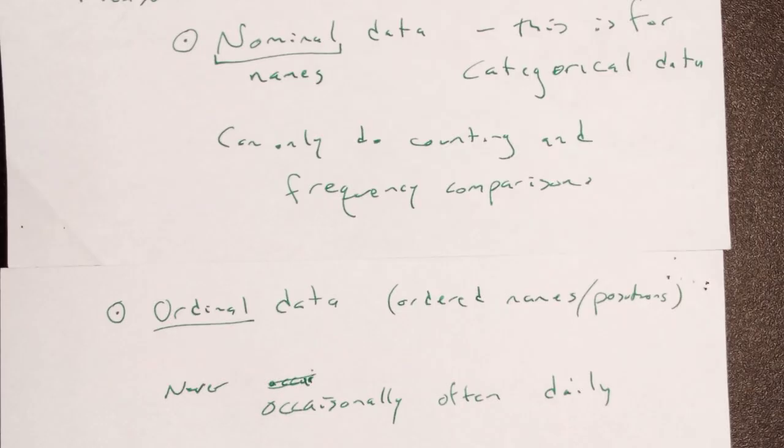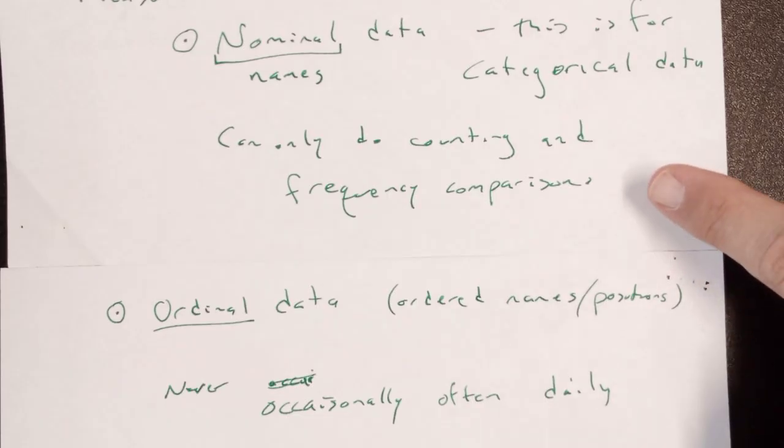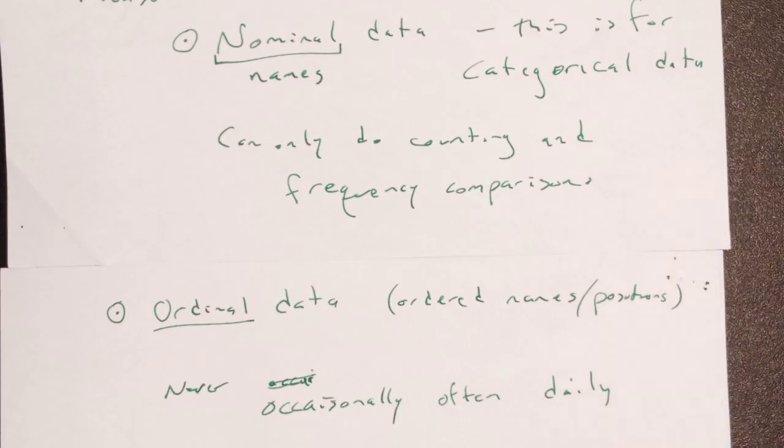Without clear divisions or what the gap is between my ranked choices, I really don't want to, again, try and do any sort of numerical calculation. Knowing what the gap is matters. But even without that, I can do some statistics that are related, instead of just to counting and frequency, to ordering.